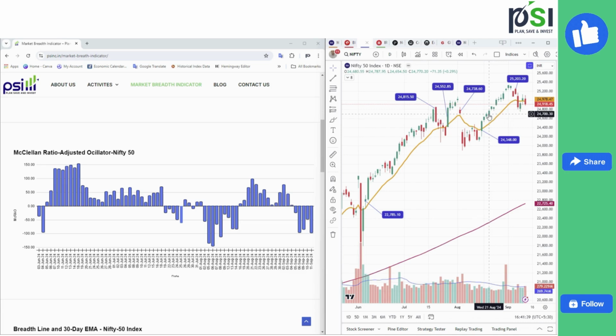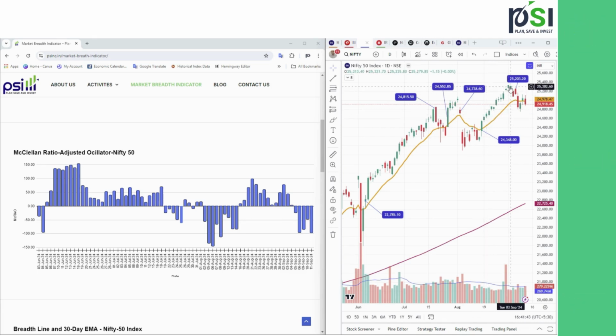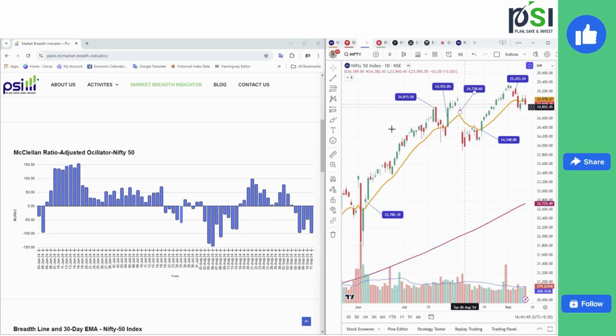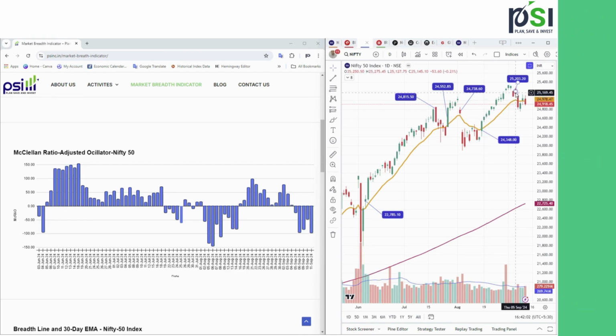So on 20th August I had initiated my position, and the day it turned was 5th September. So on 5th September, I will book my profit. Probably I would have entered somewhere at 24,600 to 650, and then exited at 25,200.